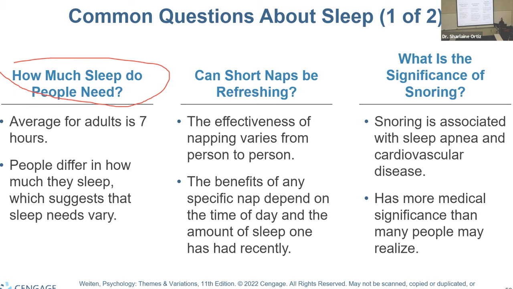Elderly individuals can go anywhere between 5 and 6. But if you look at it in an average sense, generally for adults it is 7 hours of sleep. Now, because people differ so much in how they sleep, we can hypothesize that sleep needs vary.